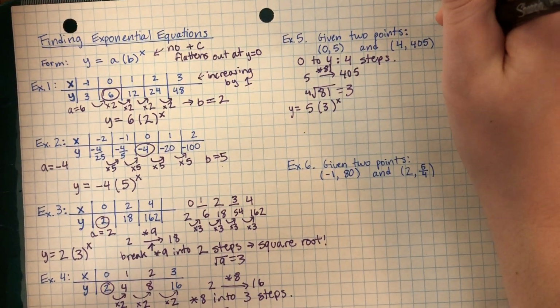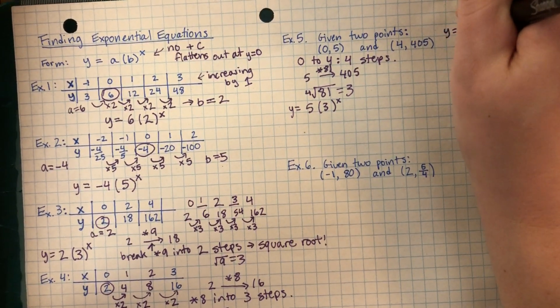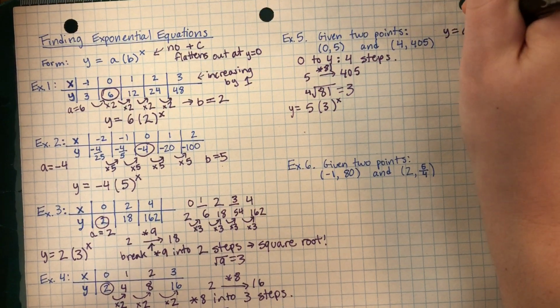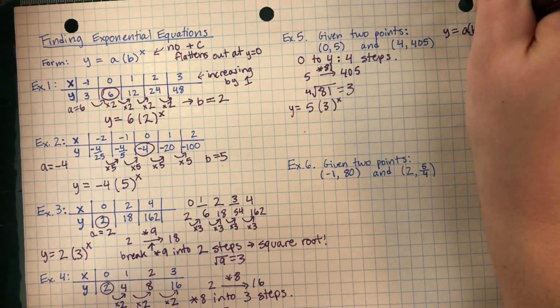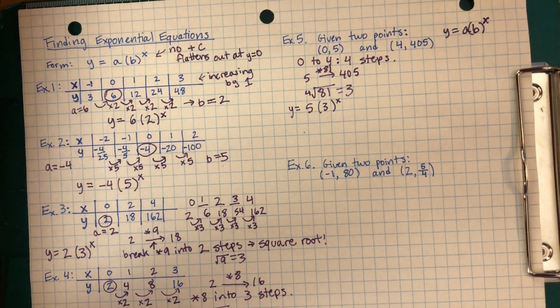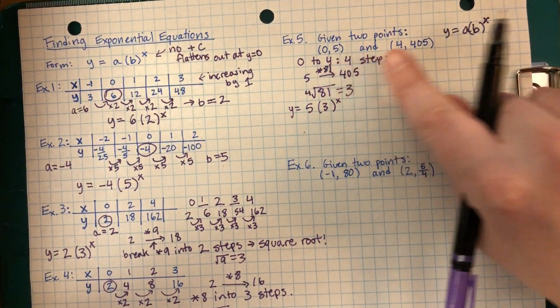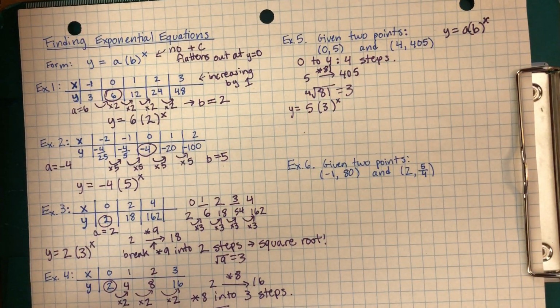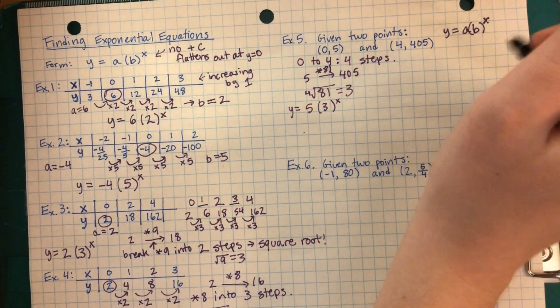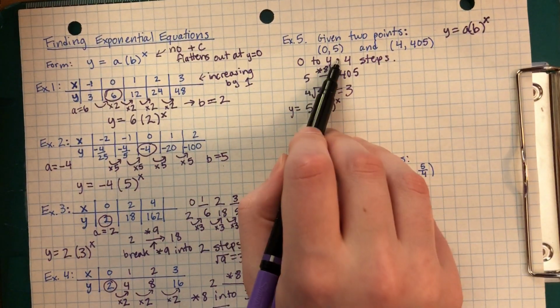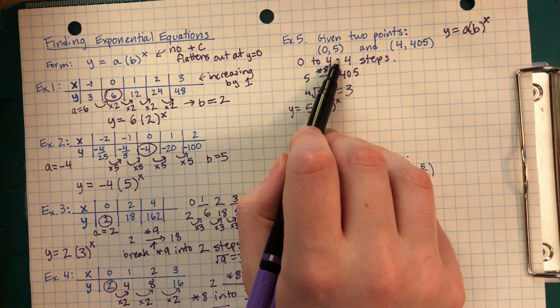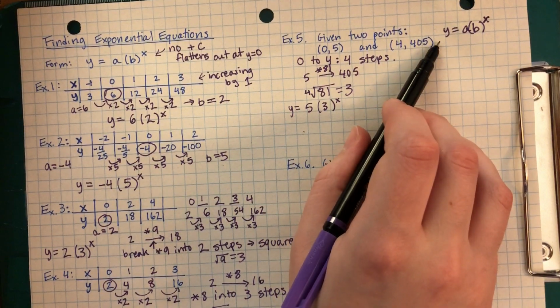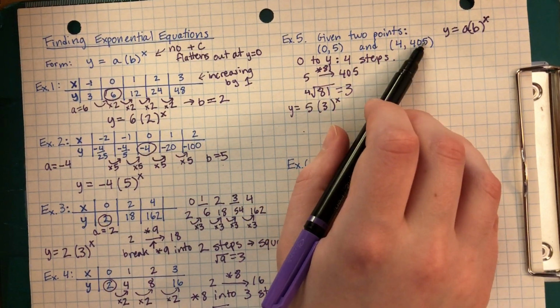So I know that I want y to equal a times b to the x, and I have 2 sets of numbers giving me x and y. So I'm going to put in these numbers for x and y, and I'm going to put in these numbers for x and y.